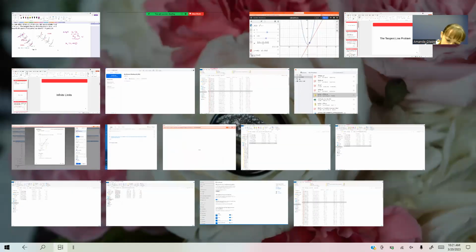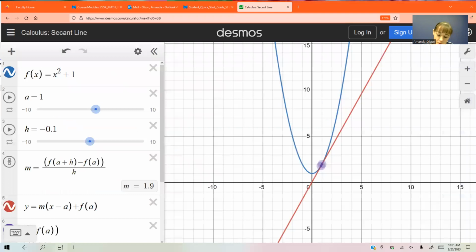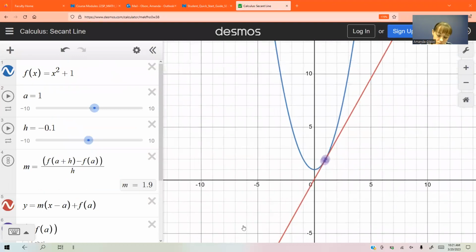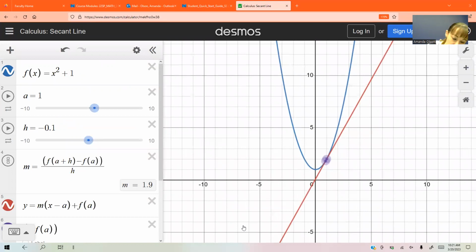Okay, so let me graphically show you. Here, this is using Desmos, and I've graphed the function f of x equals x squared plus 1.